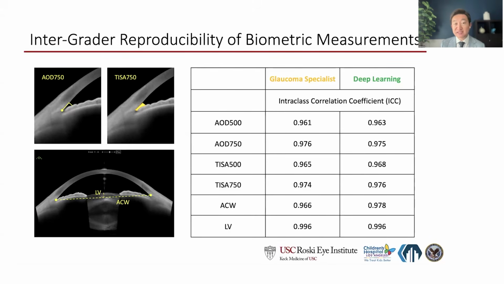However, this level of correlation is matched by the AI or deep learning model, which achieves similarly high ICC values. So the takeaway here is that with a simple click of a button, these AI algorithms enable us to access expert level measurements that can then be applied for the clinical care of our angle closure patients.